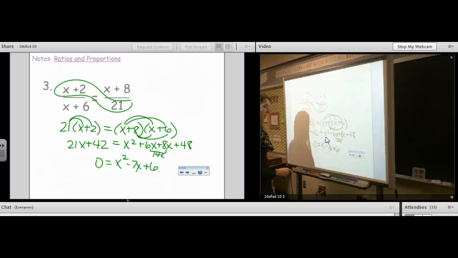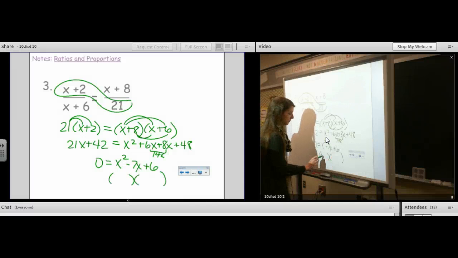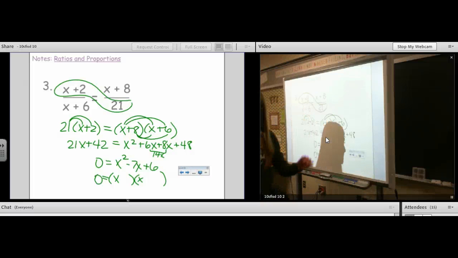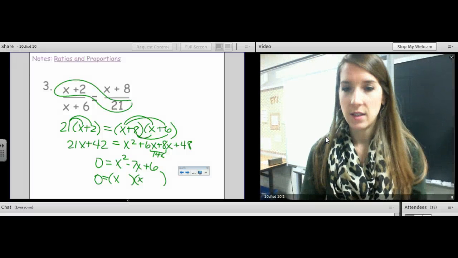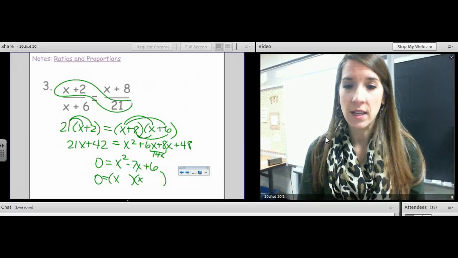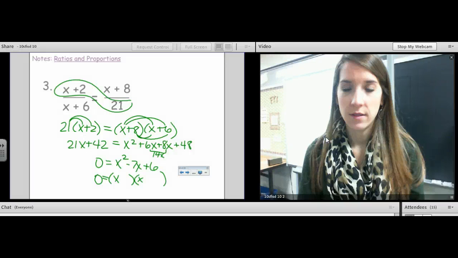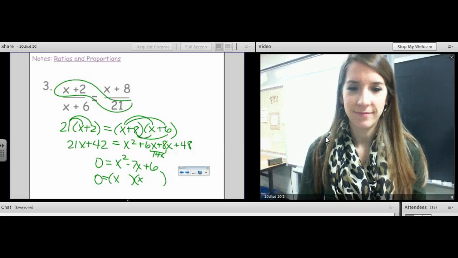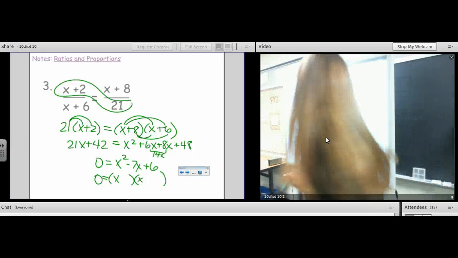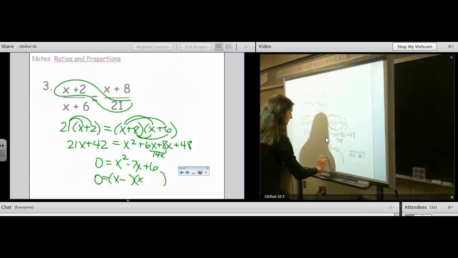Okay. So, now we're going to factor this. We need things that multiply to get 6 and add to get 7 because they're both going to be negative. Things that multiply to get 6. 6 and 1 will do it. Okay, so minus 6, minus 1.